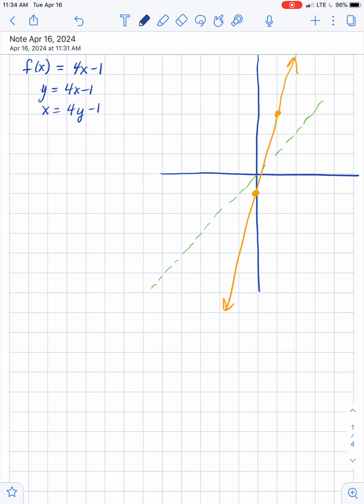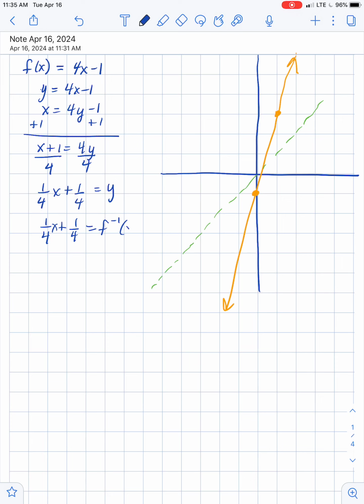And then the next step is to solve for the y. You can divide by 4, however you want to write that, but I would put it in slope-intercept form. And then your final step is to change it back to f inverse of x.